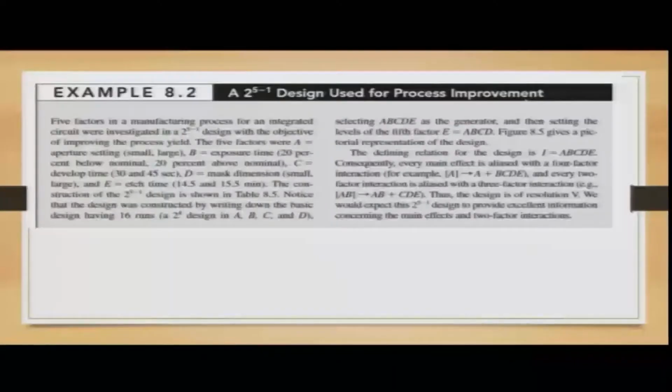Number one front is the combination of A, B, C, D, and on the other front you will have the effect of E only, but combined in such a way that the overall effect would come out to the maximum possible extent. Thus, the design is of resolution 5. So, we will have an experiment of factorial design of 2 to the power 5 minus 1 with the Roman suffix of 5, such that you are able to bring out the maximum possible effects to the highest level, such that we get the best answer.